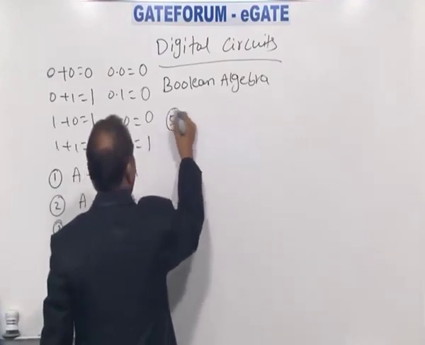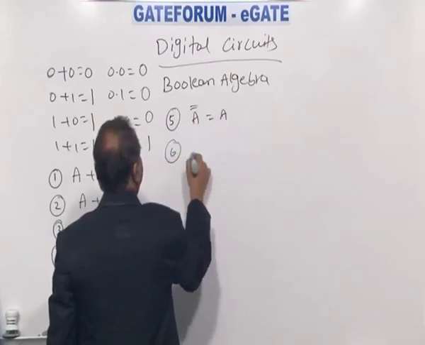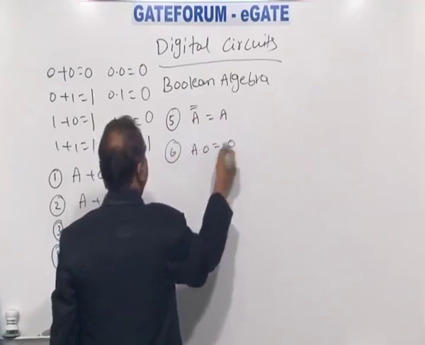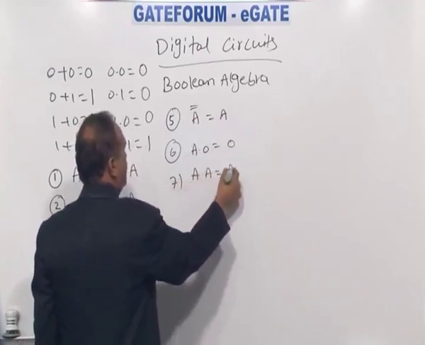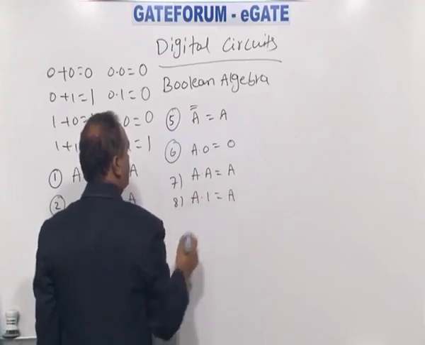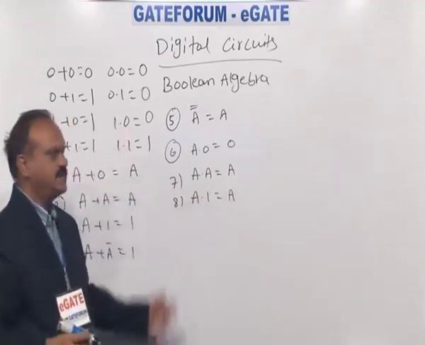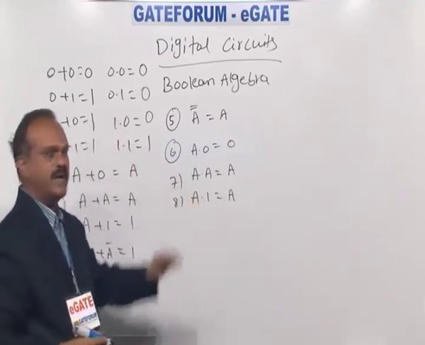And fifth one, A double complement is A itself. Sixth one, A into 0 is 0. It is very easy. A into A is also A. And A into 1 is A only, because if you substitute A is equal to 0, you will get 0. If you substitute A is equal to 1, you will get 1.